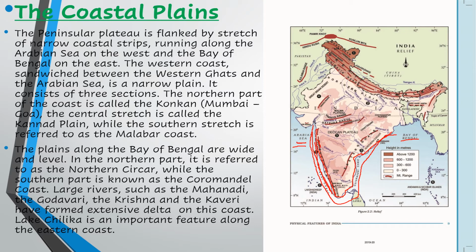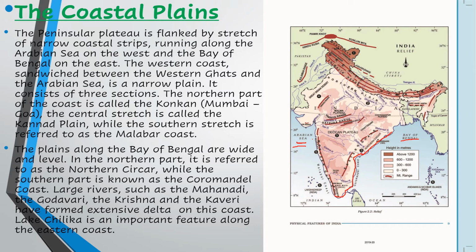It consists of 3 sections. So let us see which are the 3 sections. The first section, the northern part of the coast, is the Konkan.